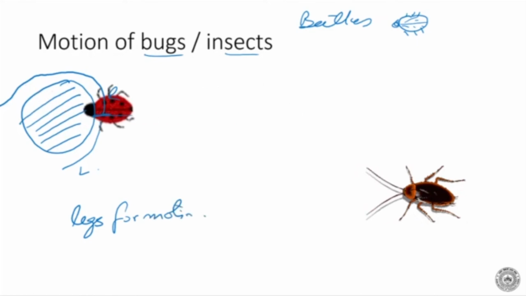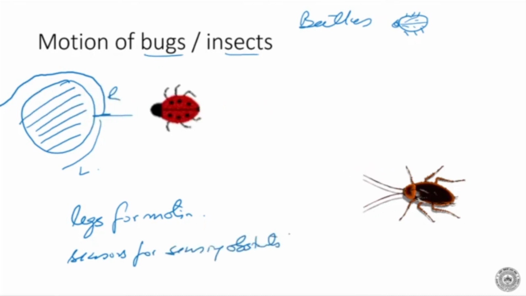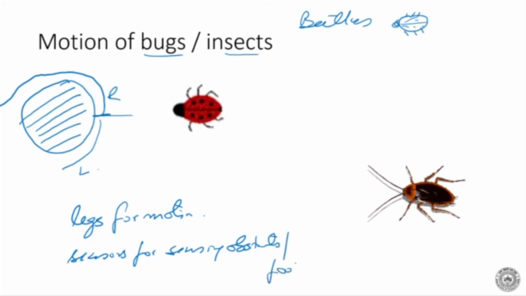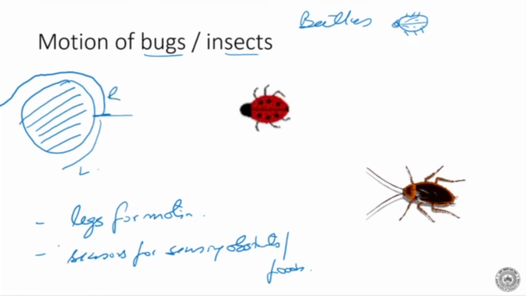That's how it is moving. It has some sensors for sensing obstacles, food. It has sensors for that. Now, in the case of the ladybird that we are seeing moving here, it has 6 legs and it can walk, turn. In the case of the cockroach, it also has 6 legs and it has these feelers.